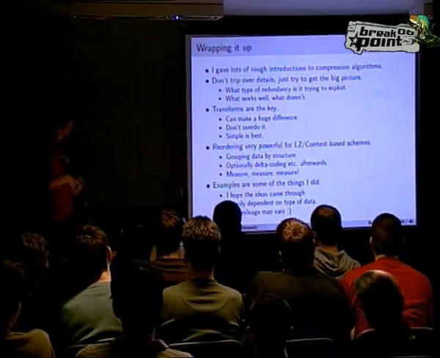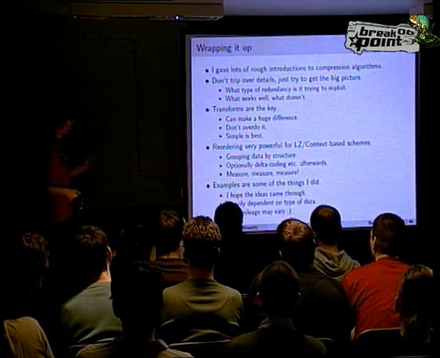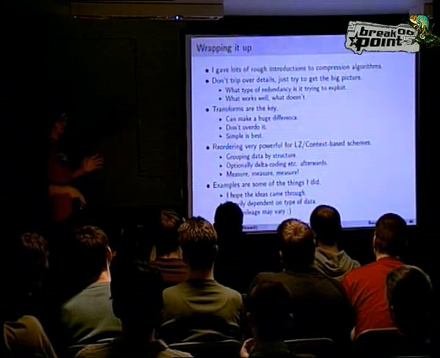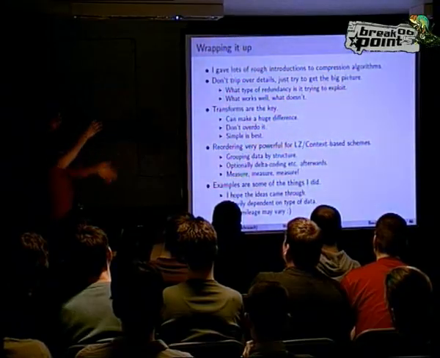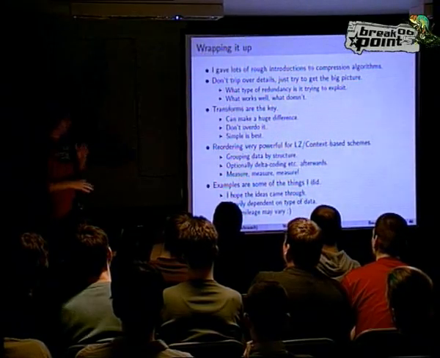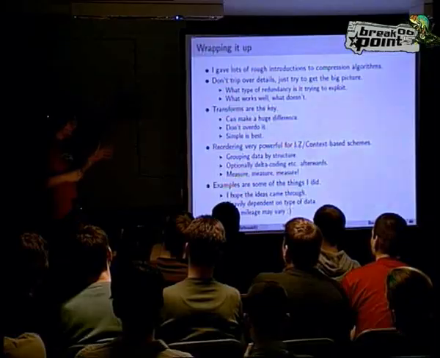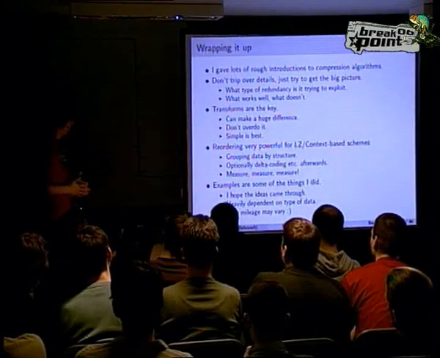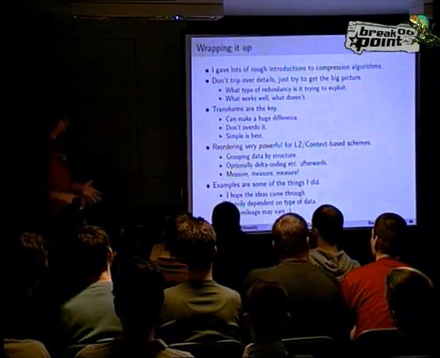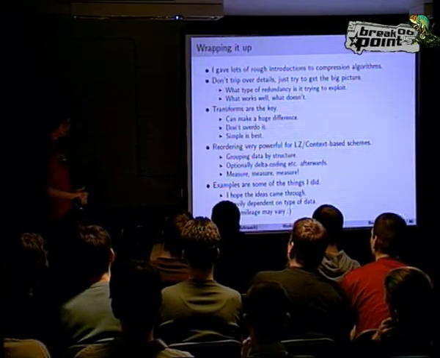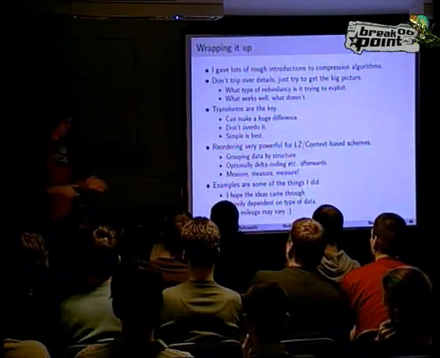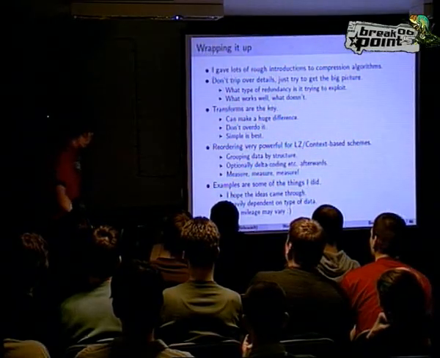I didn't want to overload this talk with too much information. I hope that the ideas came through and the general design strategy, the kind of stuff where you try to understand the type of data you're dealing with and try to make the packer understand the type of data you're trying to compress, because that's what actually gives you compression gains. Still, it's heavily dependent on the type of data, how much you can gain. Your mileage may vary on that.